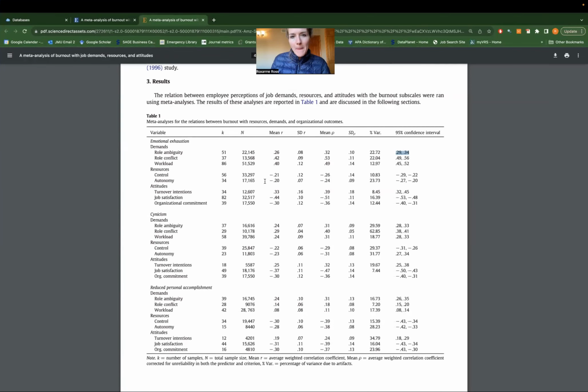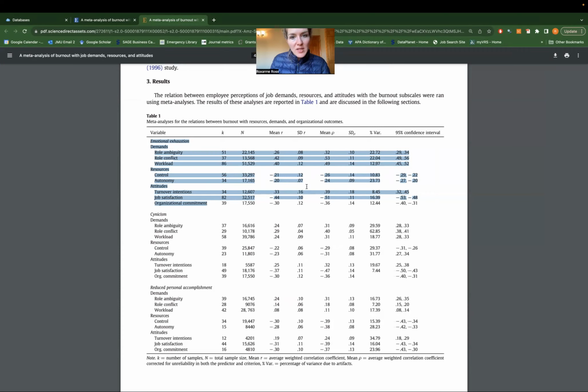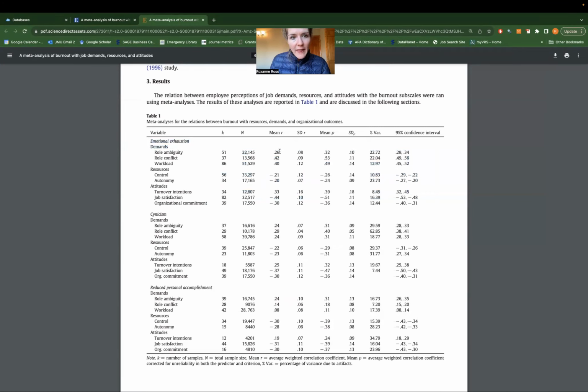So all of the relationships with emotional exhaustion are here. After that, we move to cynicism. So we'll just look at this first third of the table and find which is the largest effect size. We're actually not interested in attitudes, because these we think are correlates of burnout. These are not something that we're theorizing are potentially giving rise to burnout.